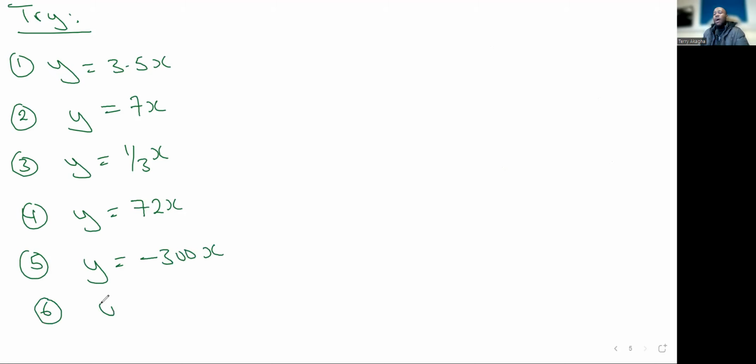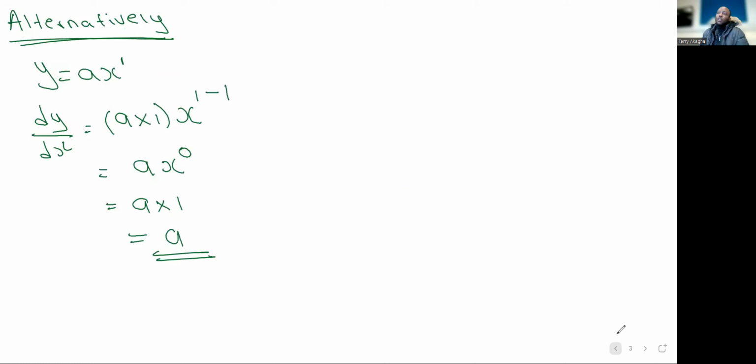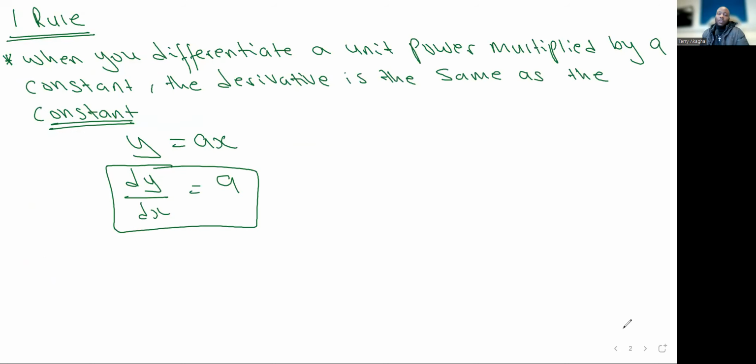And we have y is equal to minus 3 over 5x. And here, we were told to find dy over what? dx, okay? So like I said, you can use the power rule method as well. It's going to work as well. But just always know that when you have a unit power multiplied by a constant, it will always give you the constant. All right, and that is that for that.